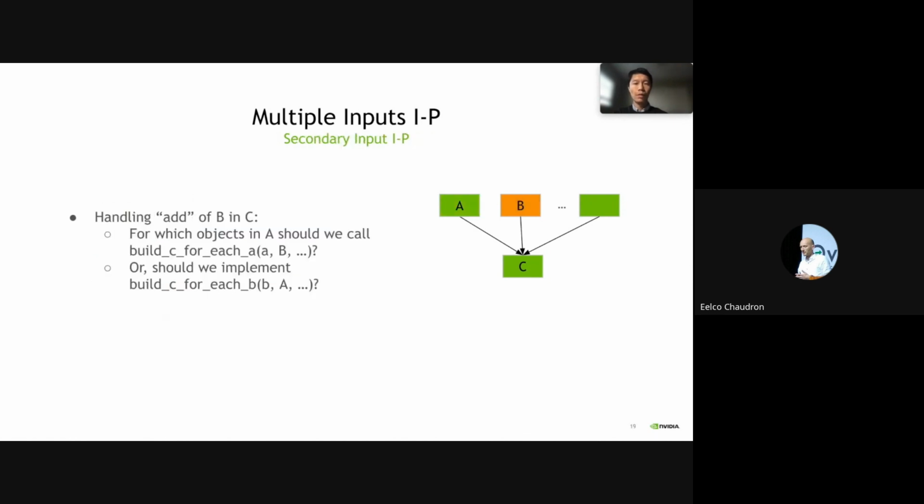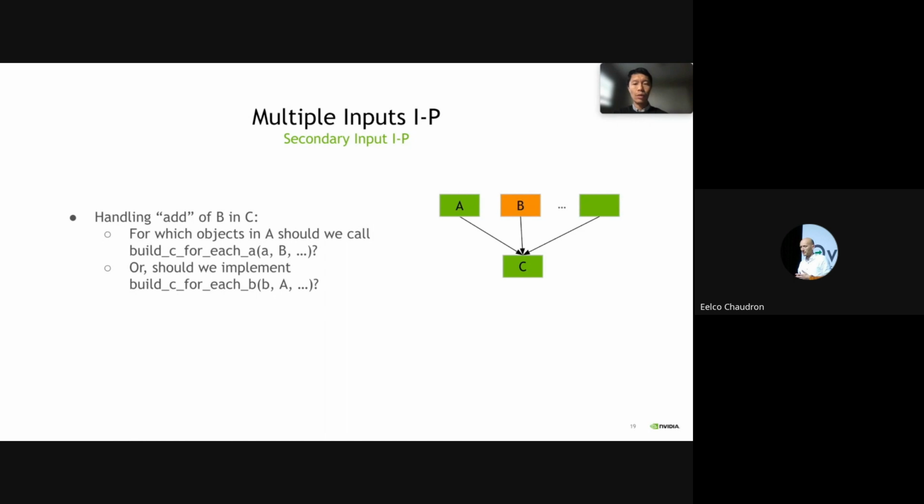However, if we want to implement incremental processing for the secondary input, in this case B, it becomes more complex. Let's say we added a new object in B, then how do we implement the change handler in C?